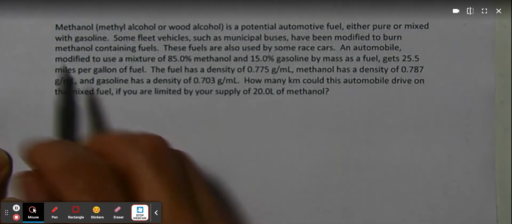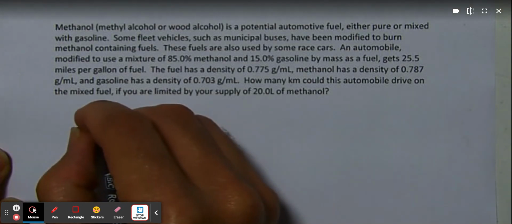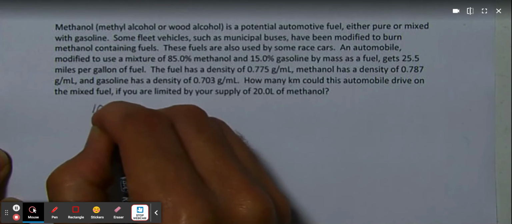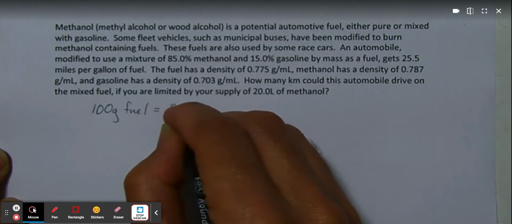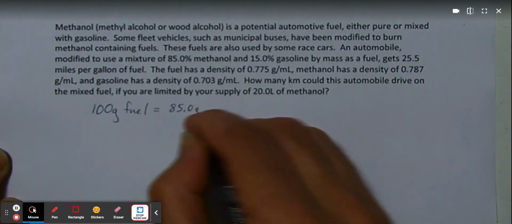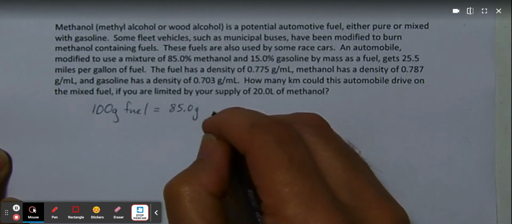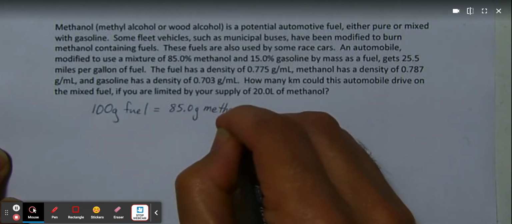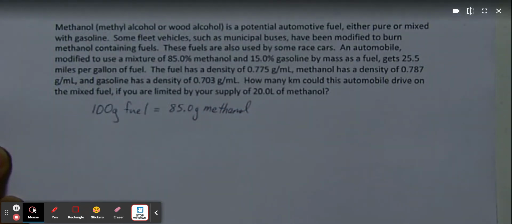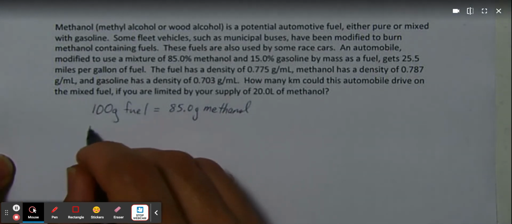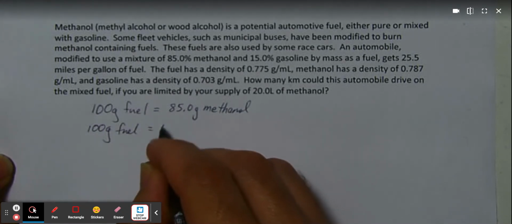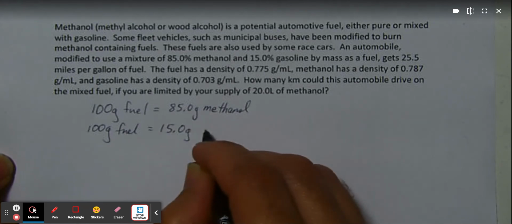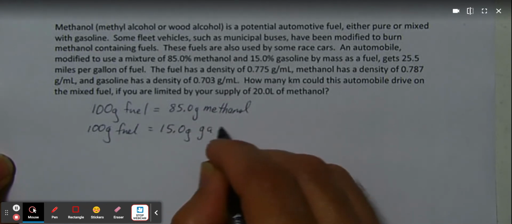So that means that for every, say, 100 grams of the fuel, that's going to be equal to 85.0 grams of the methanol. And the same thing goes for the 15% gasoline. So for 100 grams of fuel, it's going to be 15.0 grams of gas.